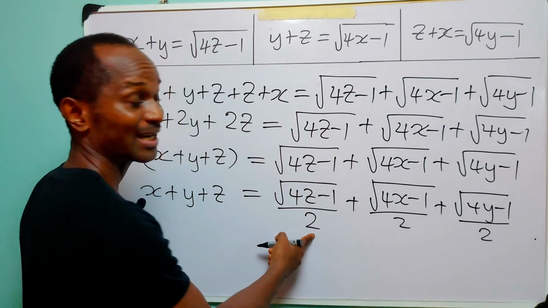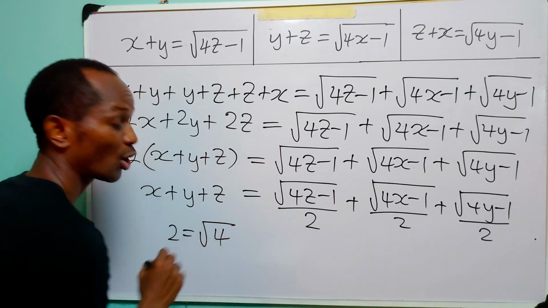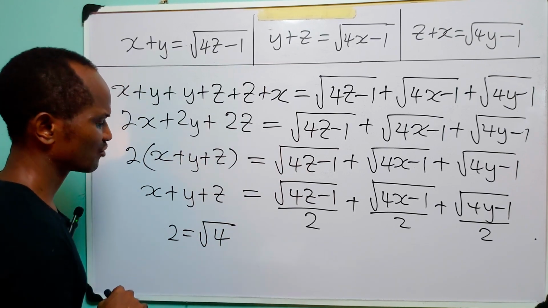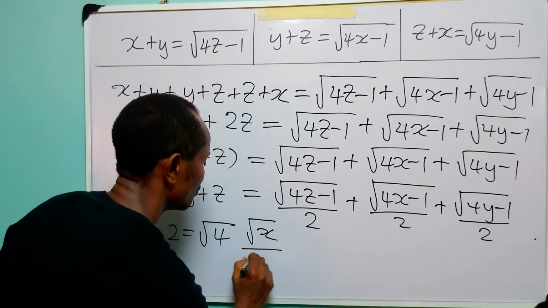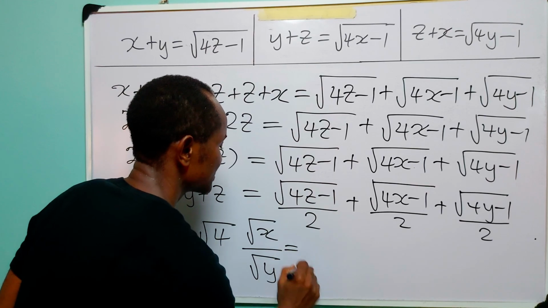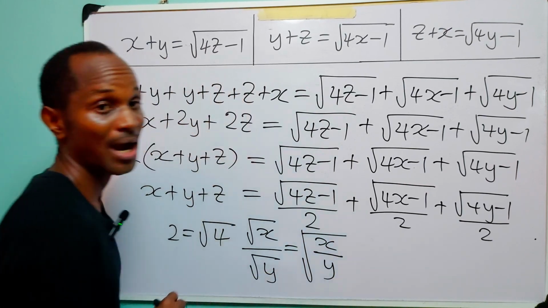Now here, let us remember that 2 is equal to square root of 4. And also let us recall that when you have root x over root y, this is the same as root of x over y.